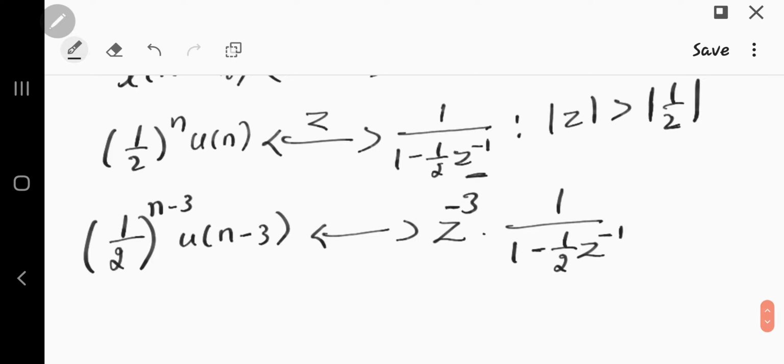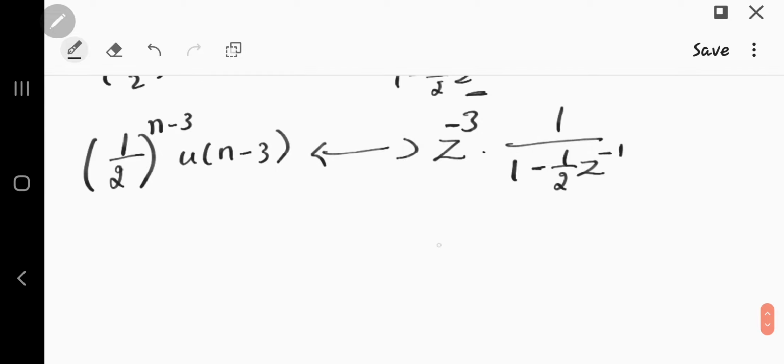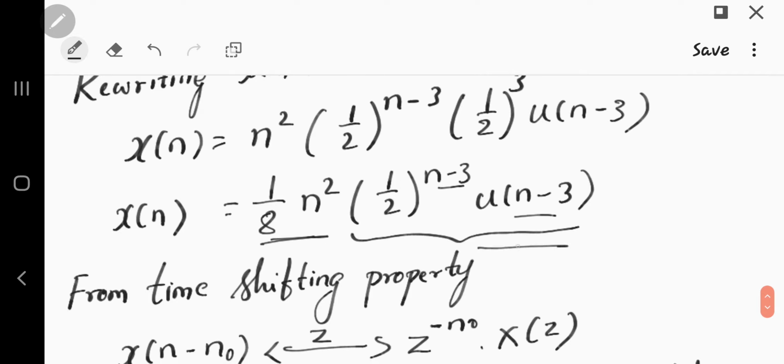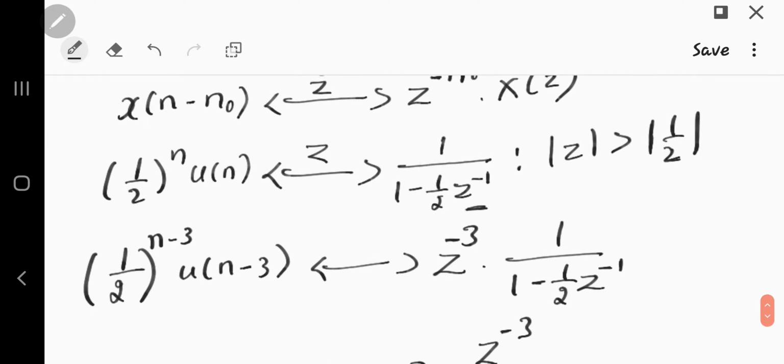This is the time shifting property I have written. Now we can simplify this. That will give you z to the power of minus 3 divided by 1 minus 1 by 2 z inverse. I have taken only this part of the signal; the remaining 1 by 8 n square is there, so that I have to consider.